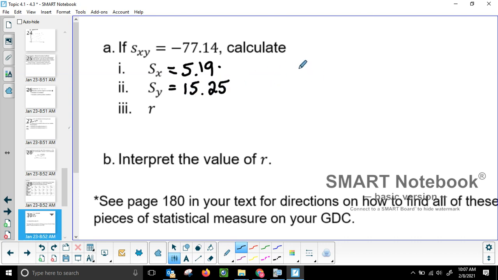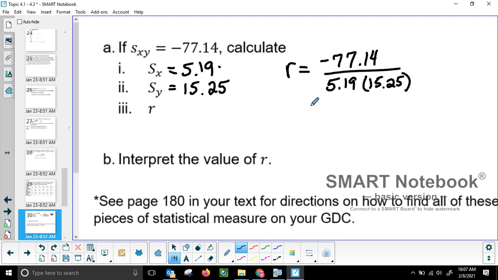Now we can use that formula for R, which is the covariance, negative 77.14, divided by 5.19 times 15.25.